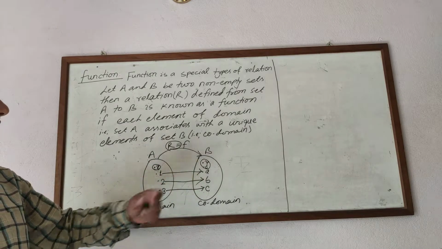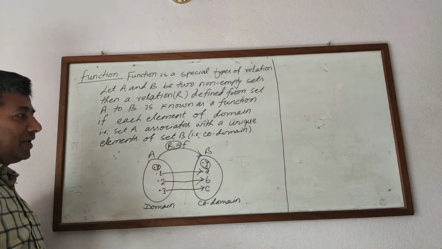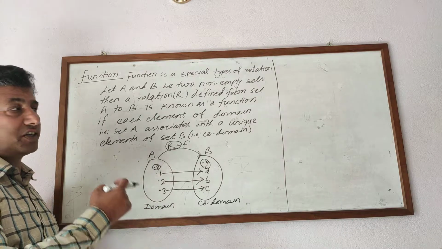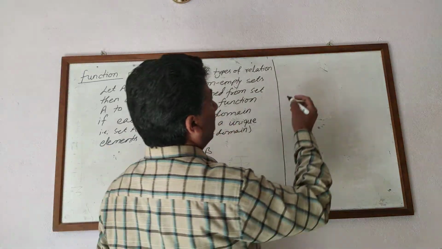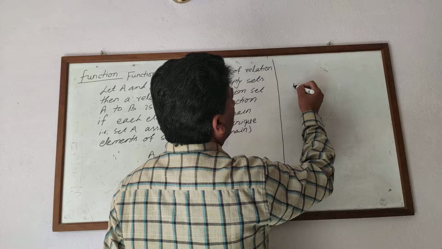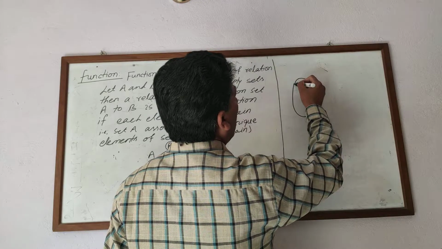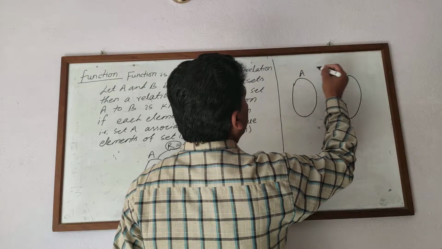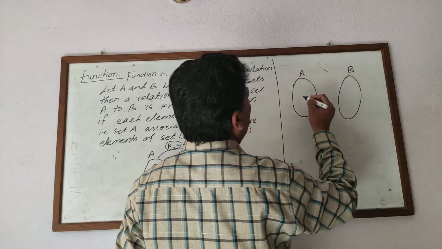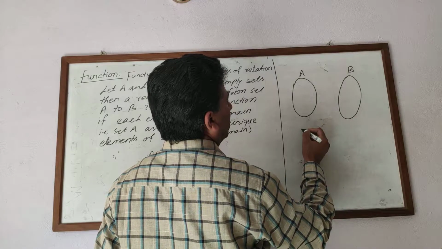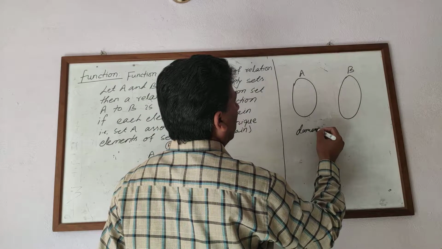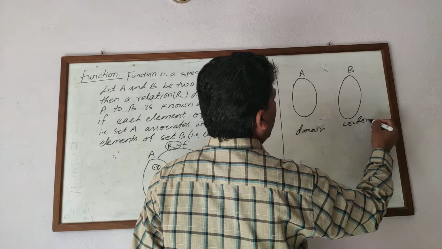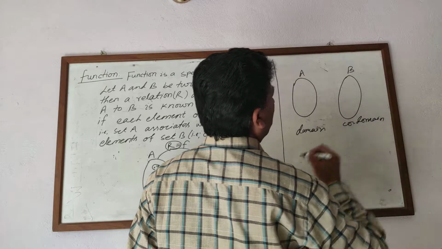Now, domain, codomain. Now I'll explain in which condition a relation will not be a function. Now I'll give some examples. Suppose this one is set A, this one is set B. Domain, codomain. Inside codomain, we have to find image or range.